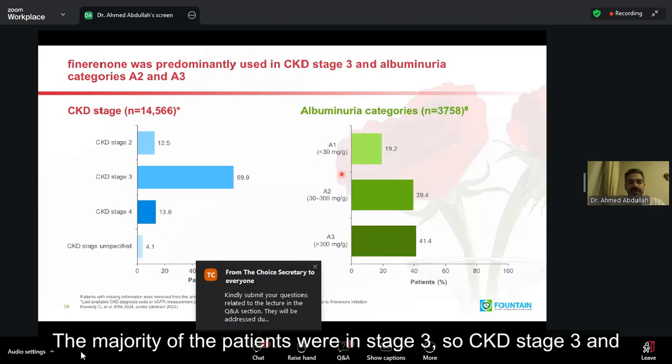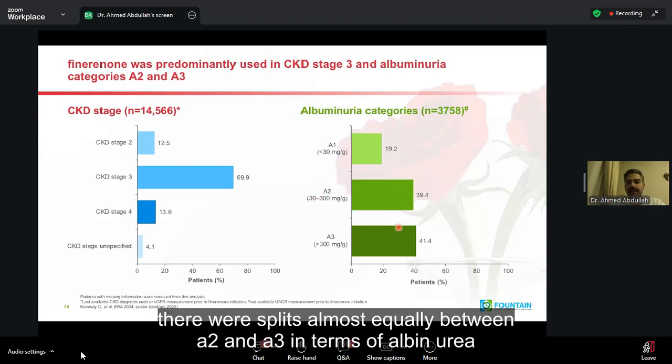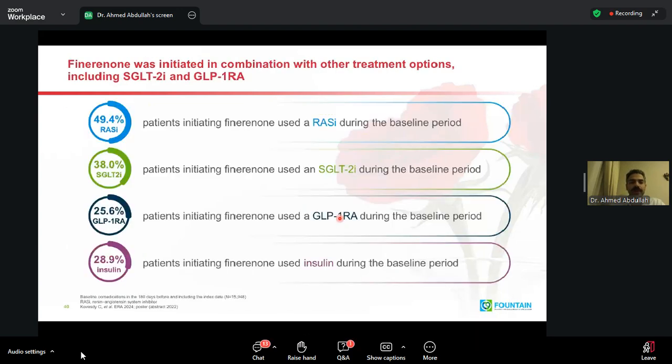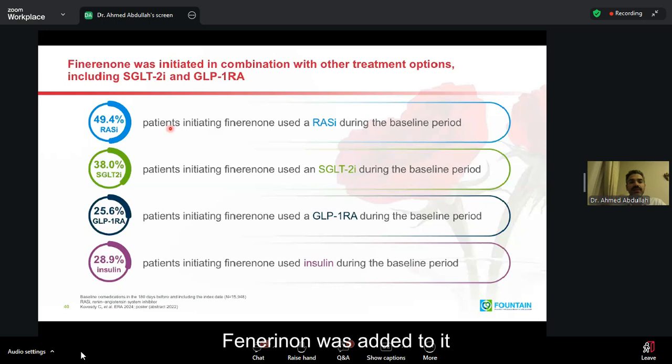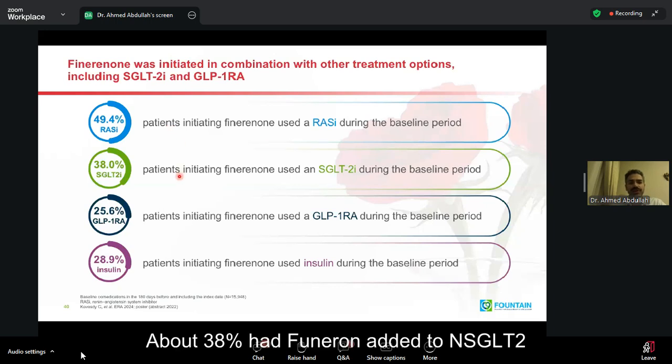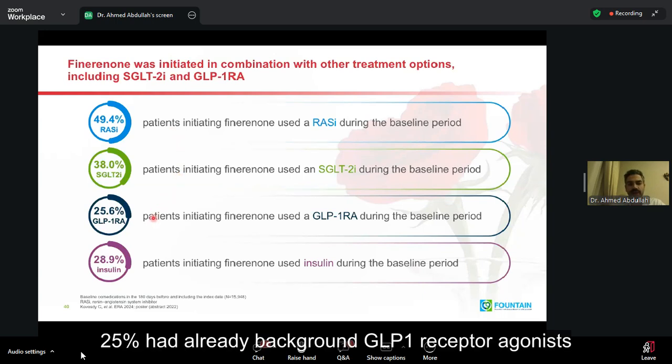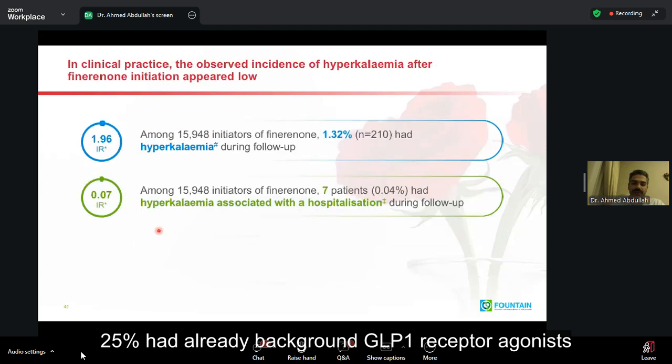The majority of the patients were in CKD stage 3, and they were split almost equally between A2 and A3 in terms of albuminuria. So 50% of them were already having RAS blockade, and finerenone was added to it. About 38% had finerenone added to an SGLT2, 25% had already background GLP-1 receptor agonists.